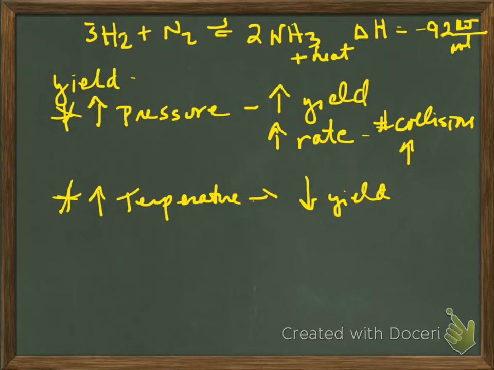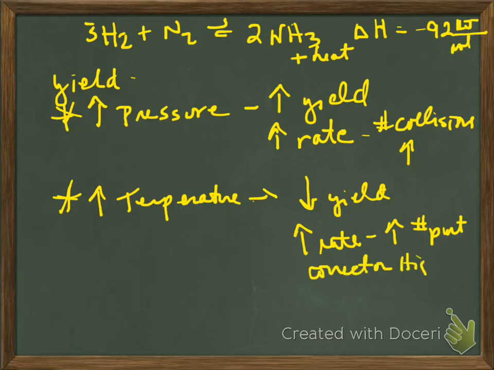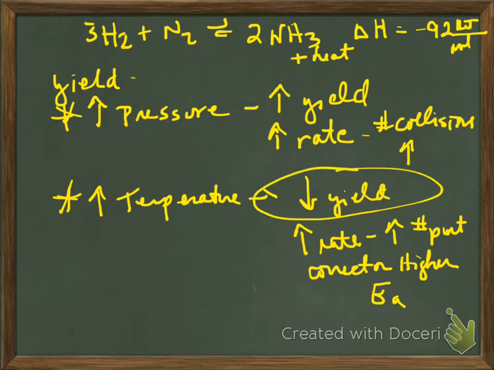However, increasing the temperature will increase the rate because you're increasing the number of particles with the correct or higher activation energy. All right, but you are going to decrease that yield.